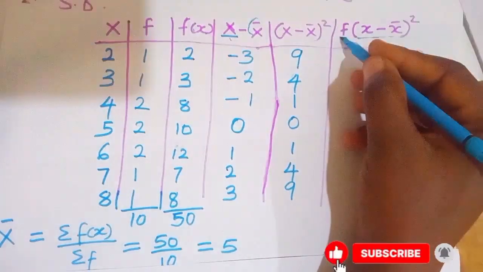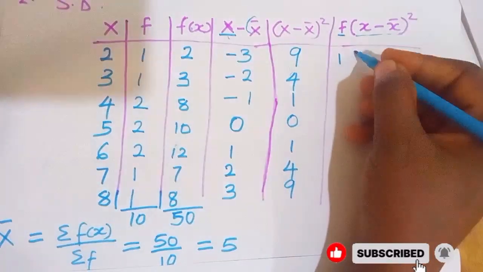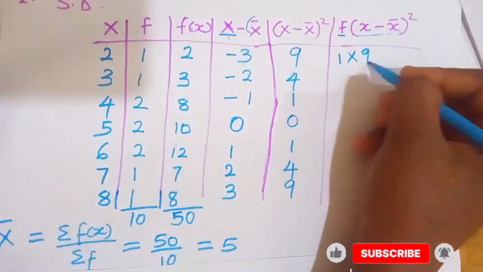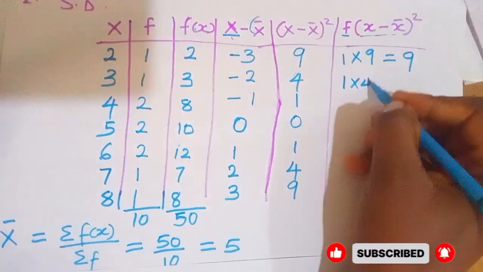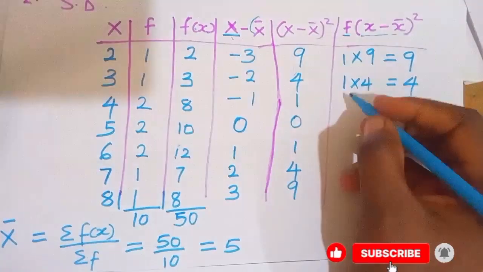The frequency is 1 multiplied by 9 gives 9. 1 multiplied by 4 is equal to 4.